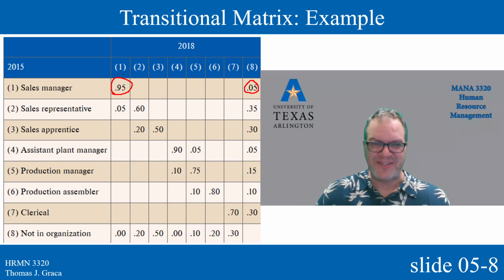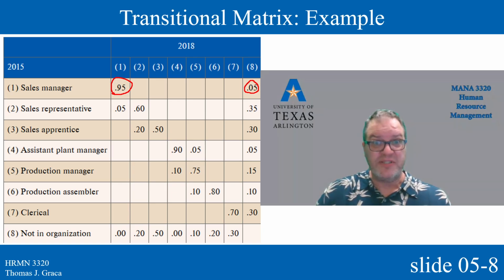to contribute. So what does that tell me? If the sales managers I had in place in 2015, 95% of them are still sales managers for me in 2018, that tells me that for a future 3-year period, assuming that nothing drastic has changed, I'm also going to be looking to replace about 5% of my sales managers.